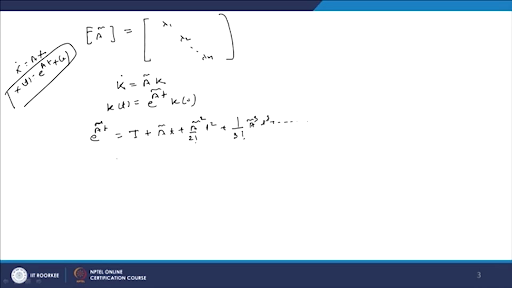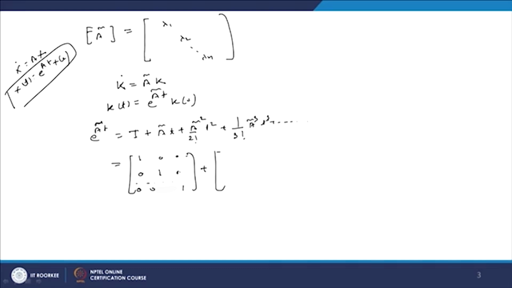Now, this equation can be written as the identity matrix, 1 0 0, 0 1 0, 0 0 1, plus these terms with A bar.